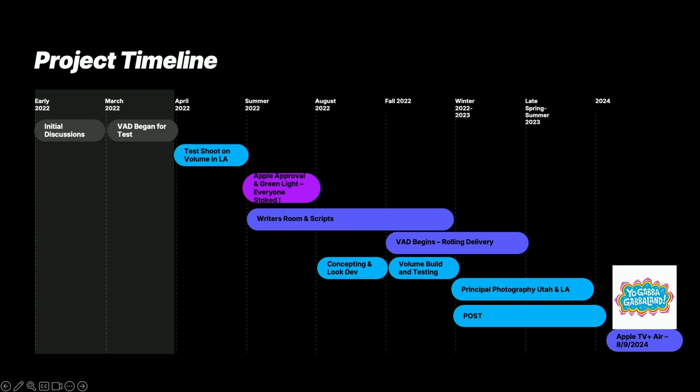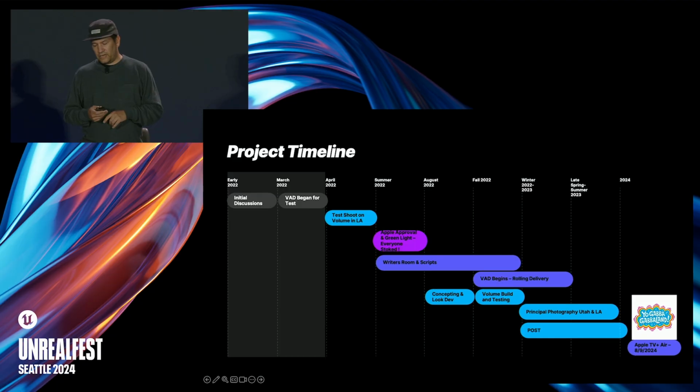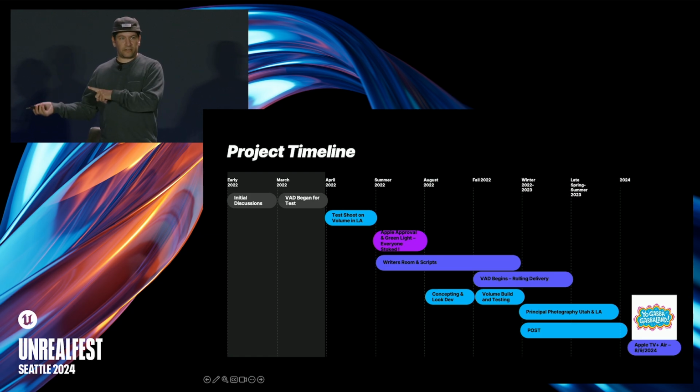So we were out in Utah building this and testing early in fall going into winter of 2022, and then we started principal photography in January of 2023, and that took us through till spring, because there was also an LA unit, and then we had some pickups that we had to do. So as soon as I finished on volume stuff, I went over to LA and VFX supervised the other stage stuff that we had in LA as well.